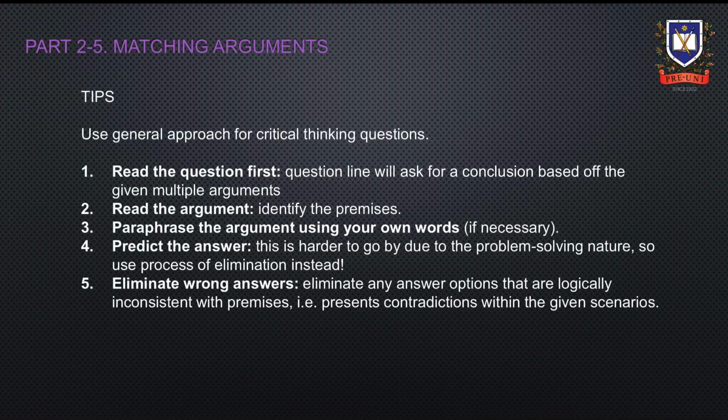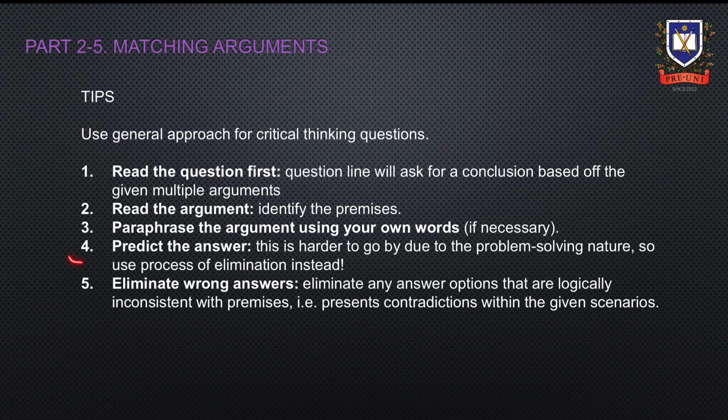The first step is to read the question and identify the question line. Typically, which one of the following statements must be true? The second step is to read the argument and identify the premises. The third step is to paraphrase the argument using your own words, however, only if necessary.